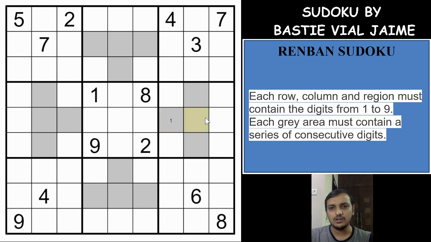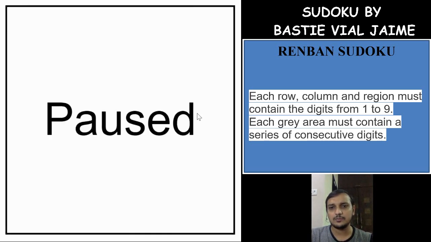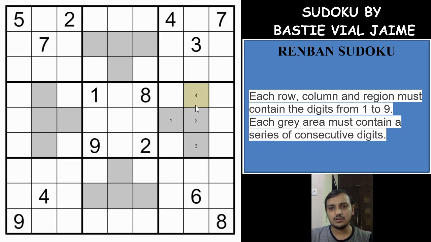So you can have 1, 2, 3, 4, for example, or you can have 3, 4, 5 and 2, anything. So all the groups of shaded cells are separate, and each group of shaded cells will have numbers consecutive to each other but not in order. So all these 4 numbers will be consecutive to each other but not in order.